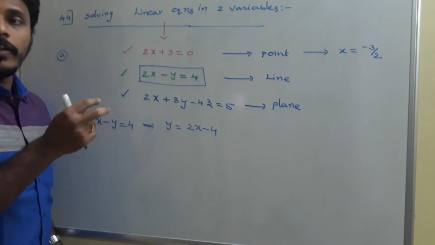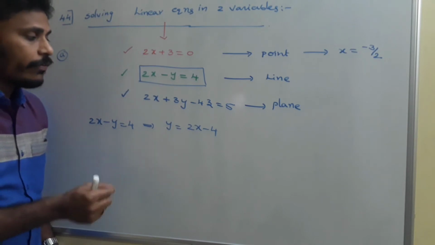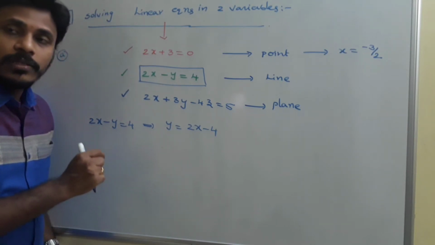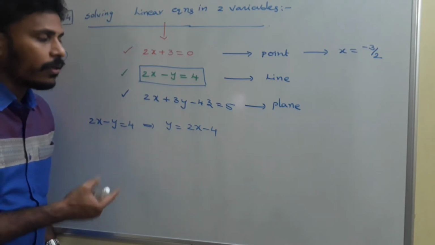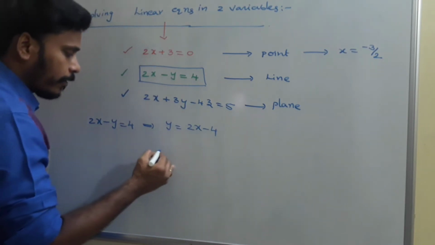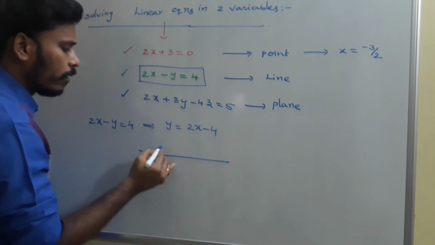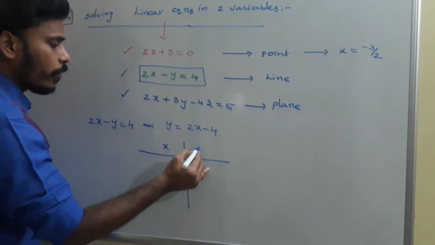And then think about different values of x and y which satisfy y is equal to 2x minus 4. See, there are many possibilities here. We just make a table corresponding to x as well as y.